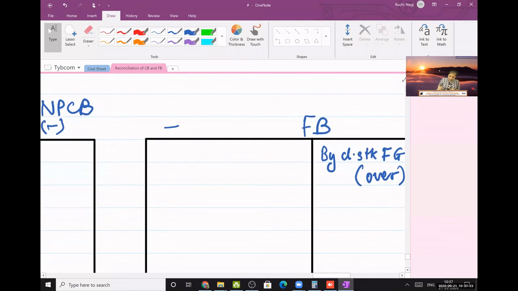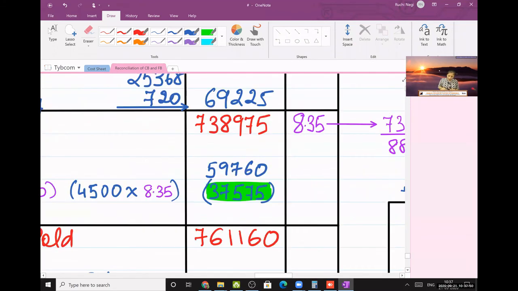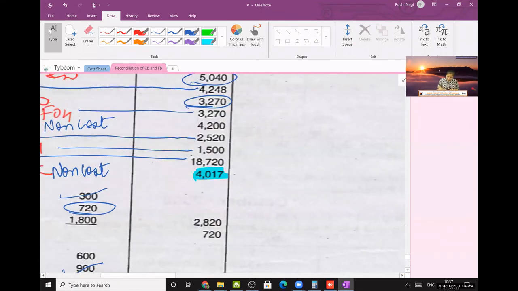Your debit side, financial expense, loss on investments, loss on sale of investments 4017.